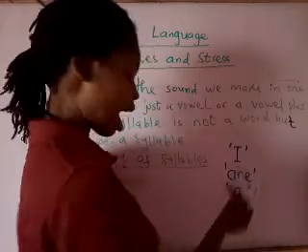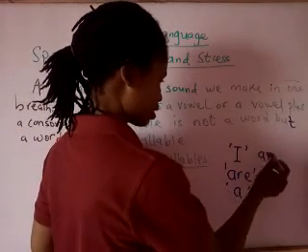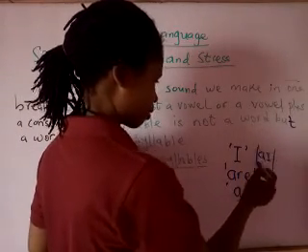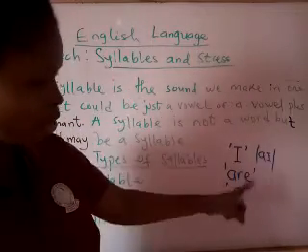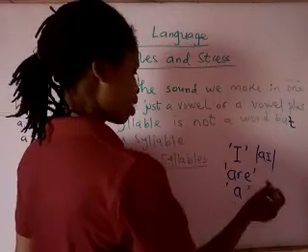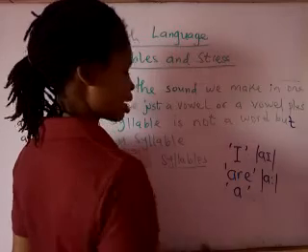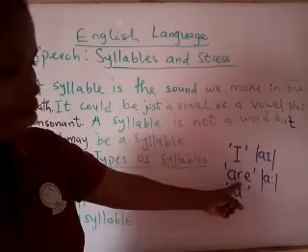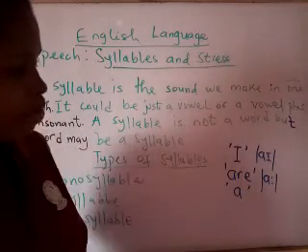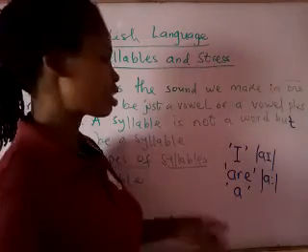Now look at this. When you say I, this is what you are saying. I. And this is a vowel sound. There is no consonant. When you come here, you say R. This is what you are saying. There is no consonant. The R here is not pronounced. Remember that when we speak, we do not speak using the letters of the alphabet.